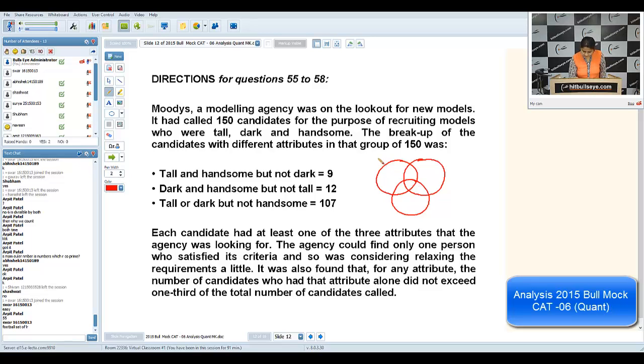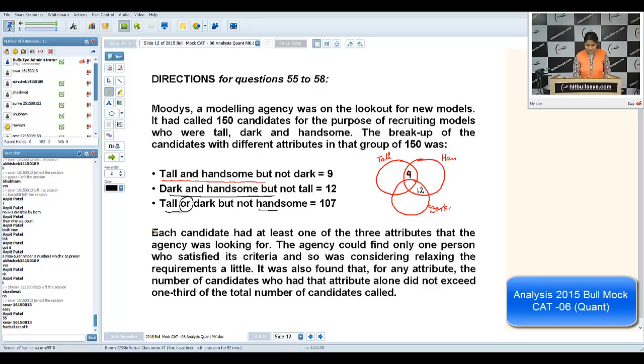There are 3 attributes: tall, handsome, and dark. The first condition says tall and handsome but not dark. It means this is 9. Then the next is dark and handsome but not tall. It means this is 12. Now next is tall or dark but not handsome.